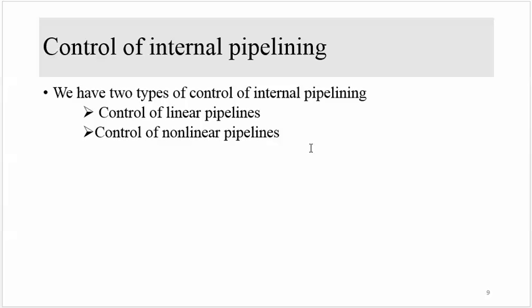In nonlinear pipelining, the pipeline stages are reused multiple times per data item that enters the pipeline. As a result of the multiple entries, the throughput of the pipeline can no longer be 1, so it is lower than 1.